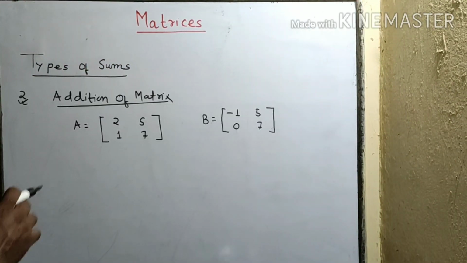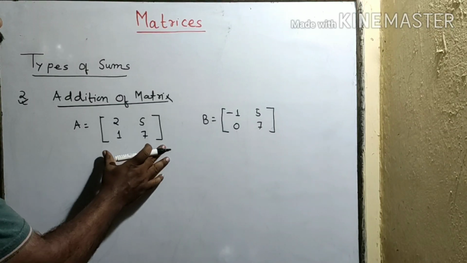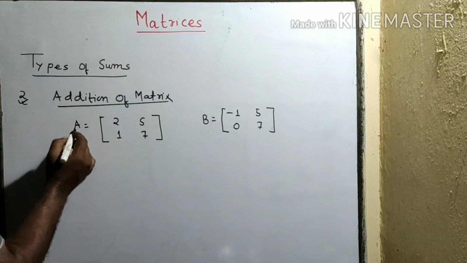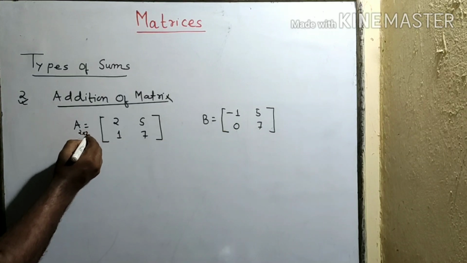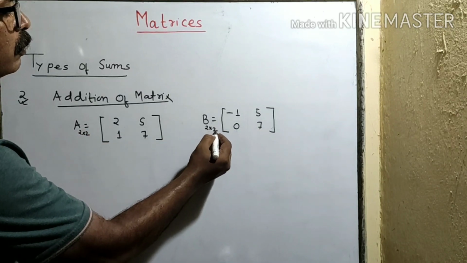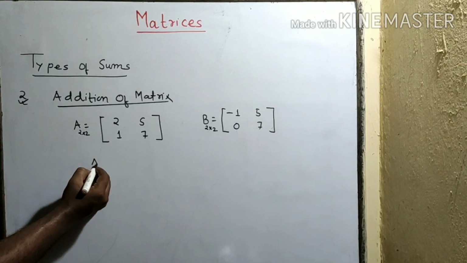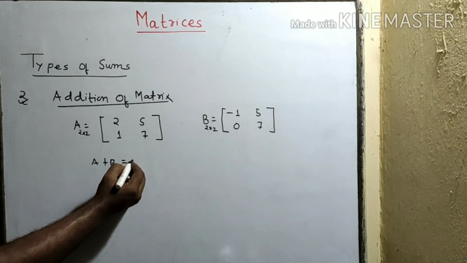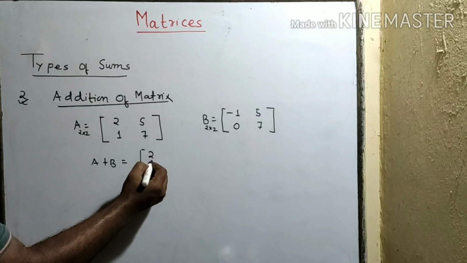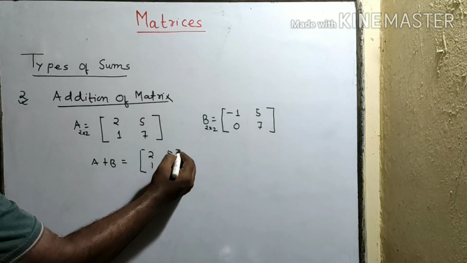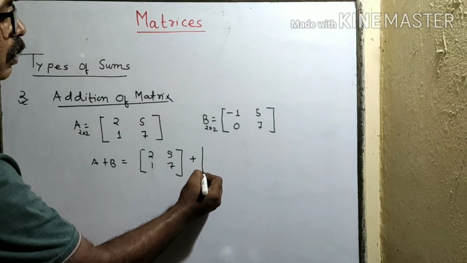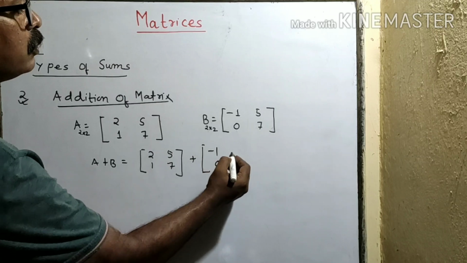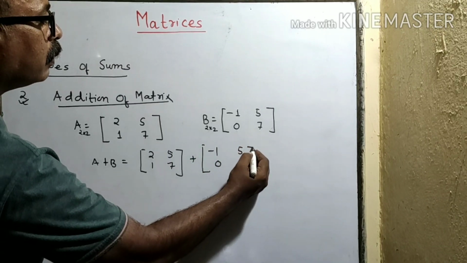Second type of sum is addition of matrix. Addition of matrix is possible only when their order is same. So its order is 2 into 2 and its order is also 2 into 2. So when A plus B is added, it will be addition of 2, 1, 5, 7 with minus 1, 0 and 5, 7.